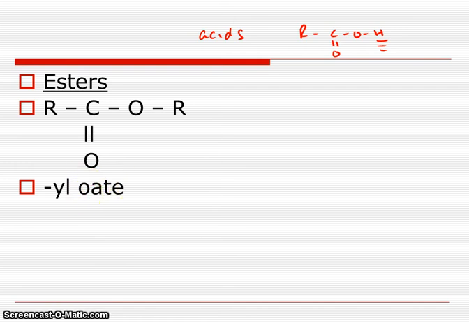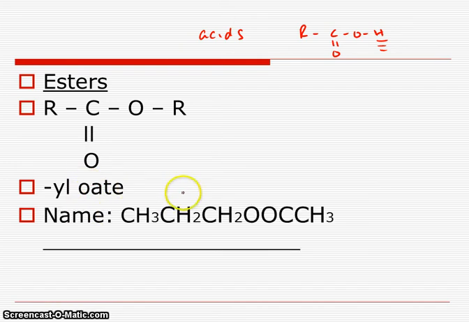So let's look at an example. We're going to draw the structural formula again. So we'll start from the beginning. We've got CH3, CH2, CH2, and then we've got these O's here, which are going to be attached to this C. So COO, and then we've got CH3.